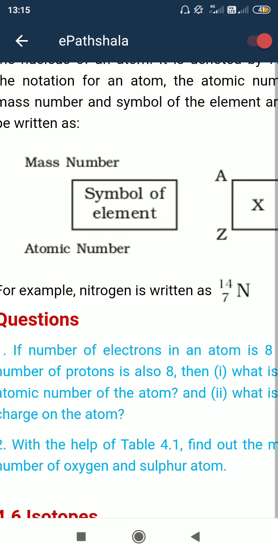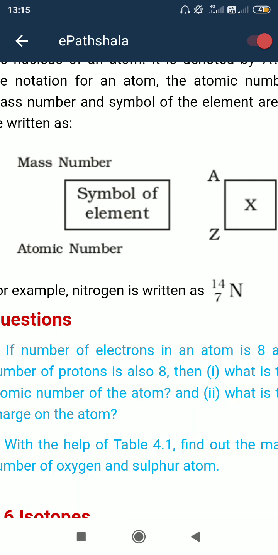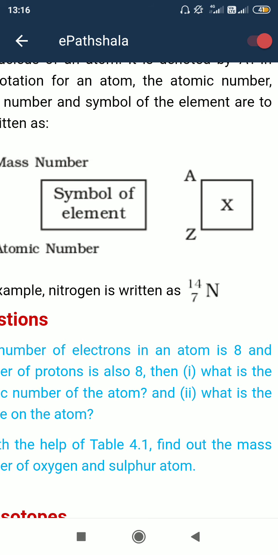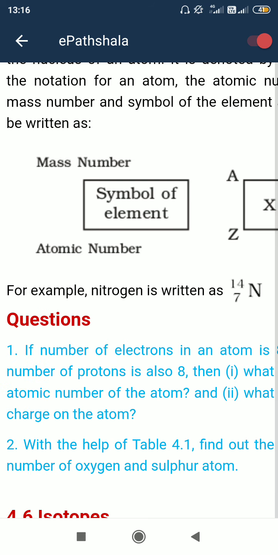See here what is showing, the atomic number is in the left lower corner, and the mass number is in the left upper corner, or sometimes the right upper corner is also the mass number.